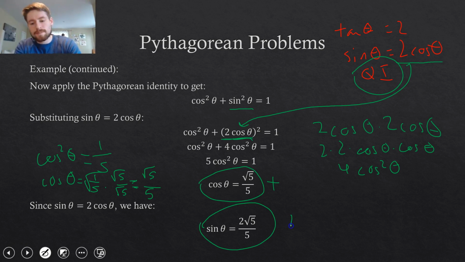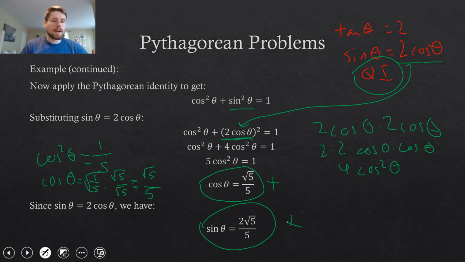We just used the Pythagorean identity and the fact that tangent was sine over cosine to answer this. And that's the general process for solving these kinds of problems: replace tangent with sines and cosines, and then use the Pythagorean identity, substituting whatever you get in there.